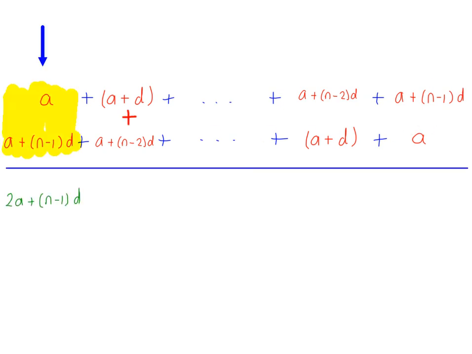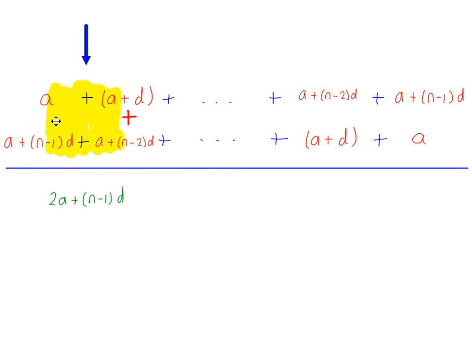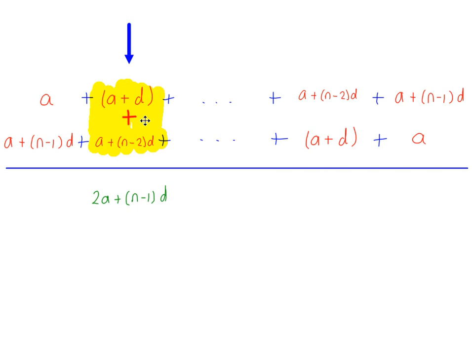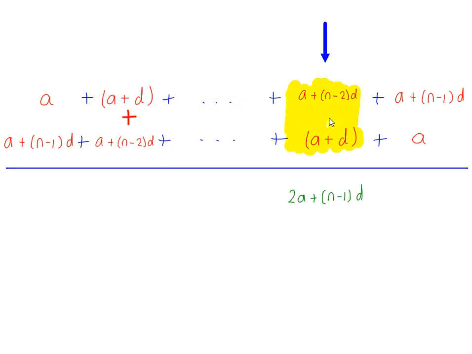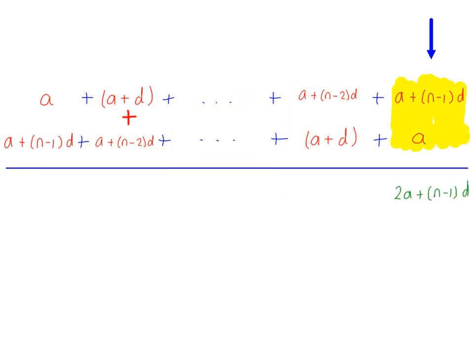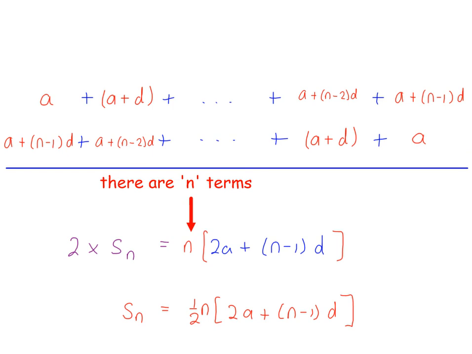If I add these two terms together, I get this sum. And the same is true if I was to add these two together, or these two, or these two. There are n terms in one of the series, and we've added the series twice, so 2 lots of the sum of n terms.